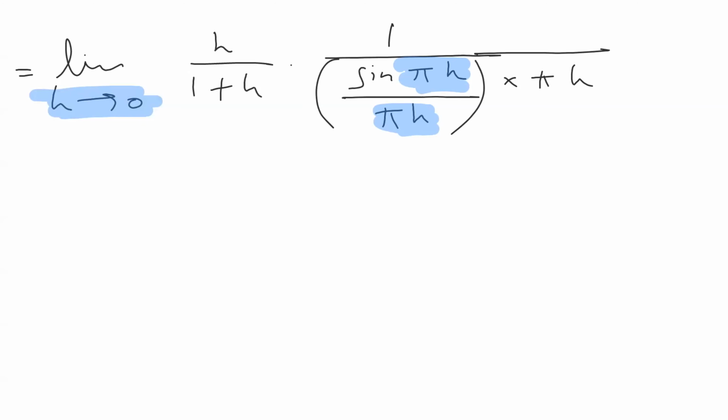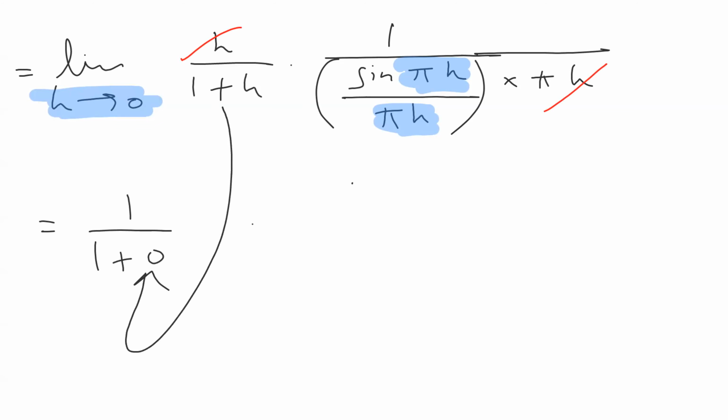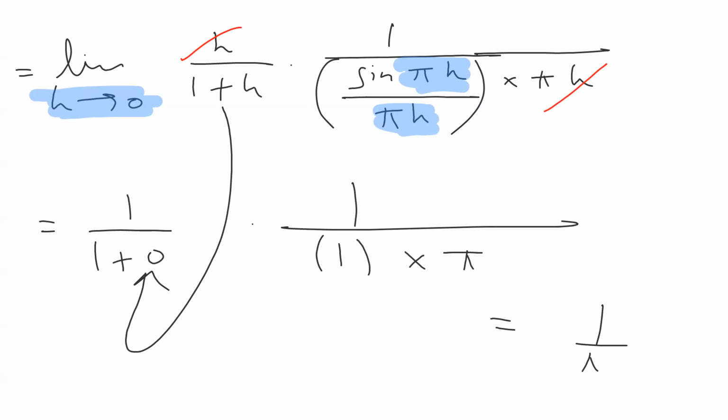At the same time this h and this h get cancelled, so we can write 1 upon 1 plus 0, into 1 upon 1 into pi. So this is 1 upon pi, because 1 plus 0 is 1, 1 into pi is pi. Okay, so 1 upon pi is the answer.